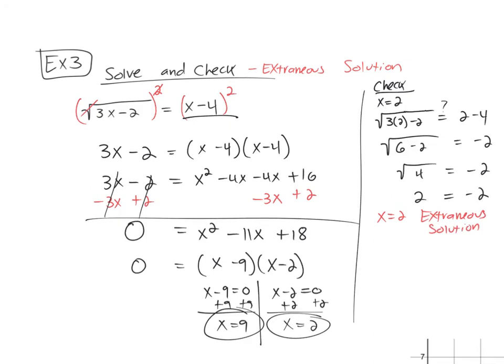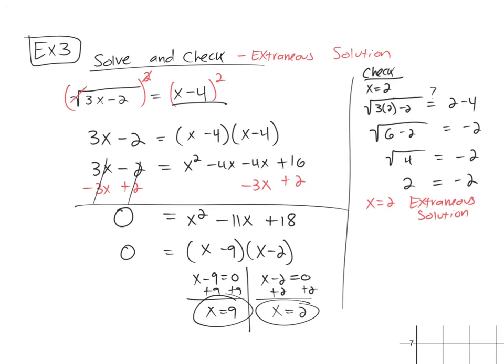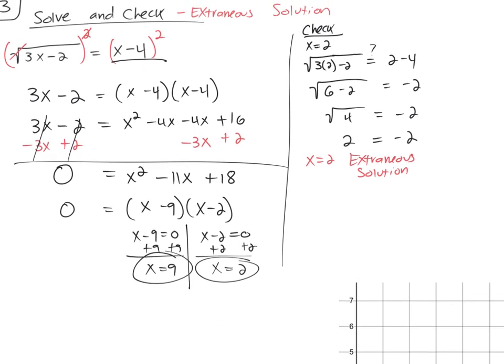Because when I substitute it back in, it doesn't give me an answer that makes a lot of sense. Here we'll check x equals 9, and I'll show you that it's possible. The square root of 3 times x, but x here is 9, minus 2. Does that equal x minus 4, so 9 minus 4?